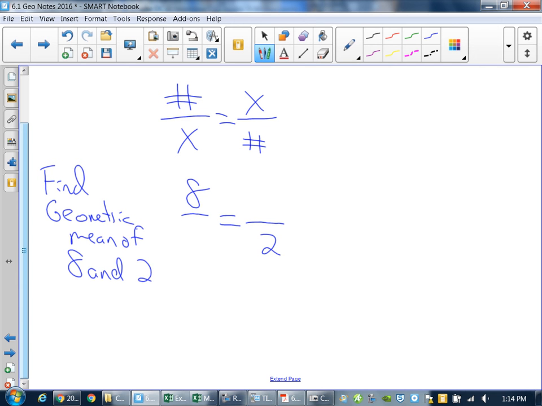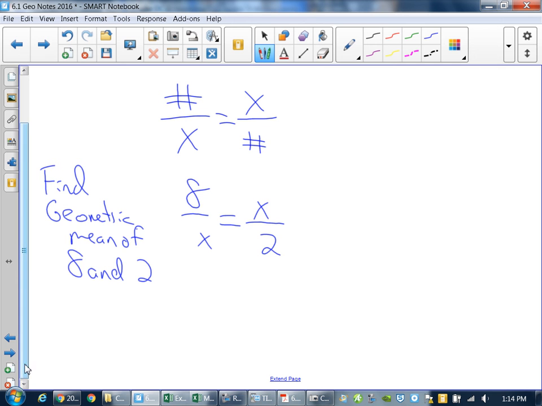Well, I know that I'm given 8 and 2, so I put those opposite one another. What goes on this diagonal in the middle is always x. It's still a cross multiply problem, but what's x times x now?